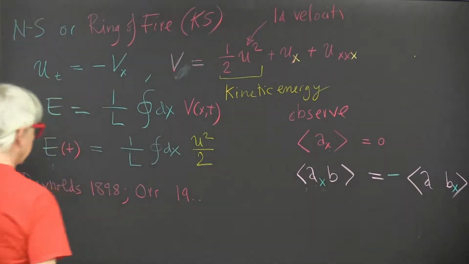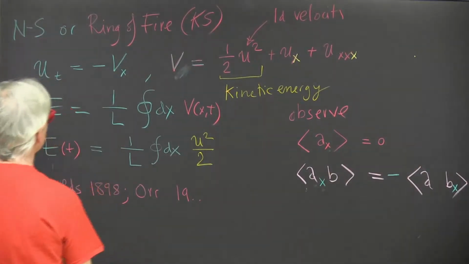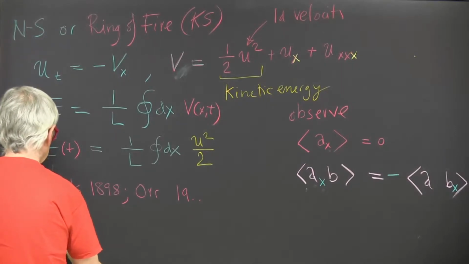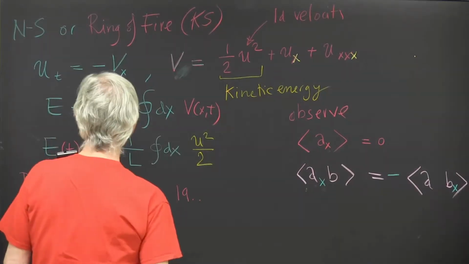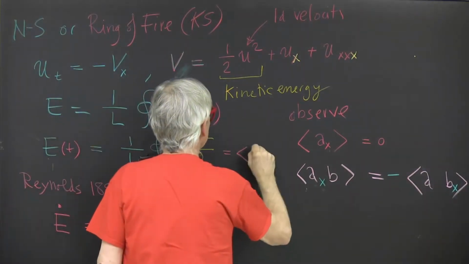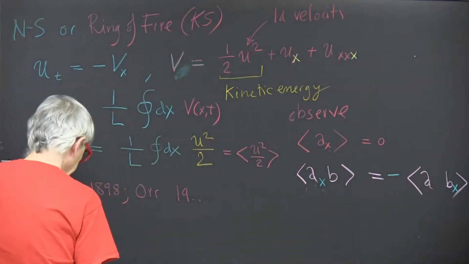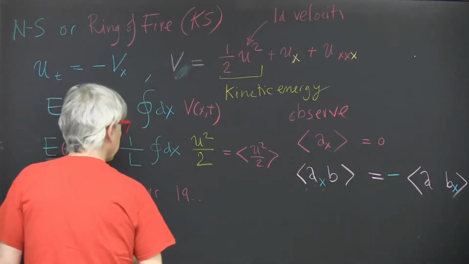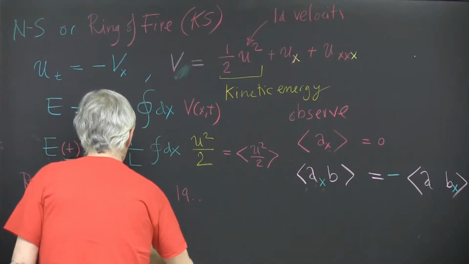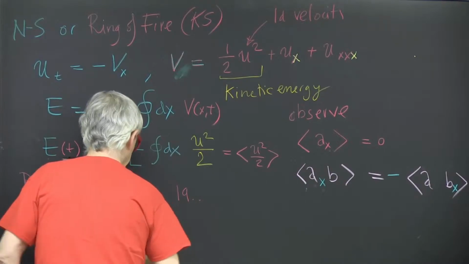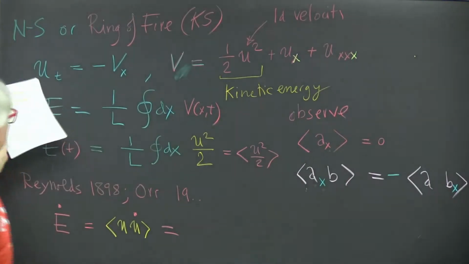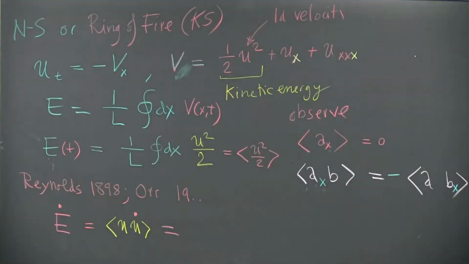So let's take the derivative of this energy, E dot. That's an expectation value. If I compute E dot, I just get the expectation value of u times u dot. But I have an equation for u dot. That's my equation of motion, this thing right here.